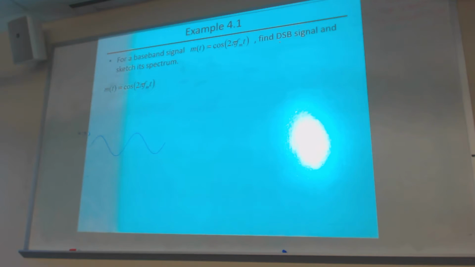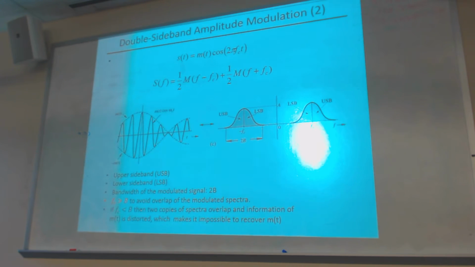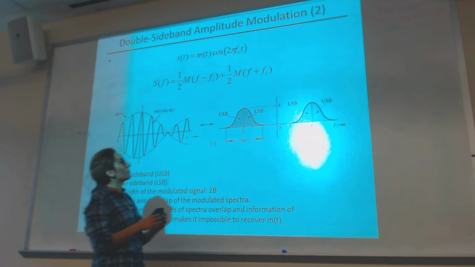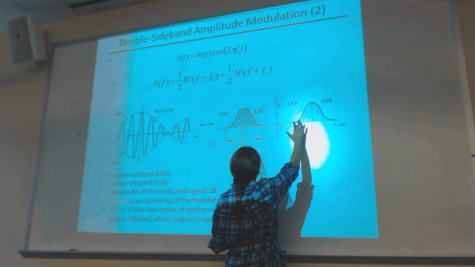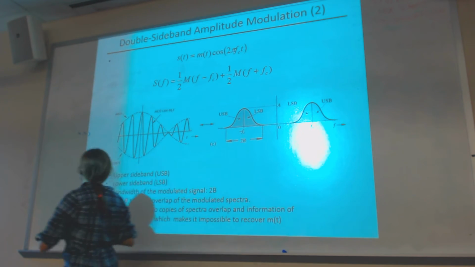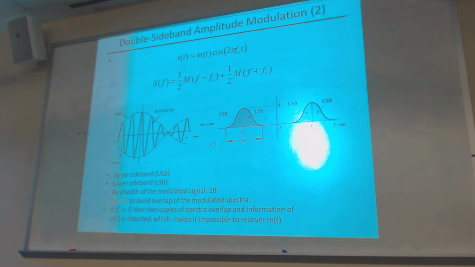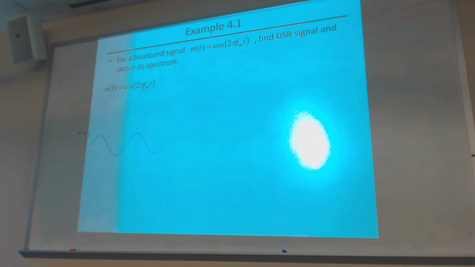DSB stands for double sideband. Because we have upper sideband and lower sideband, it's called double sideband. Now it says find the double sideband signal and sketch its spectrum.